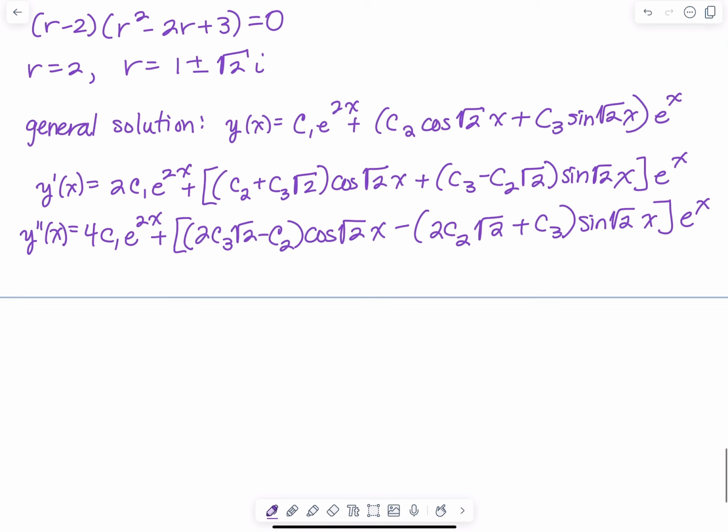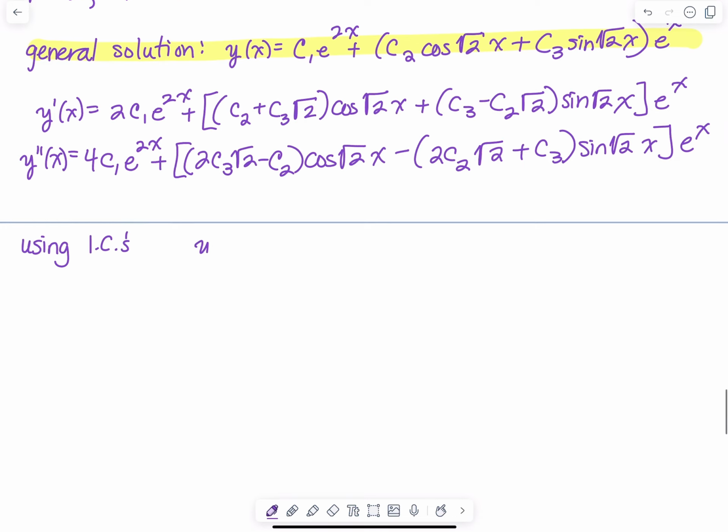So using our initial conditions, we have that y of 0 is equal to C1 plus C2, and that is equal to 1.